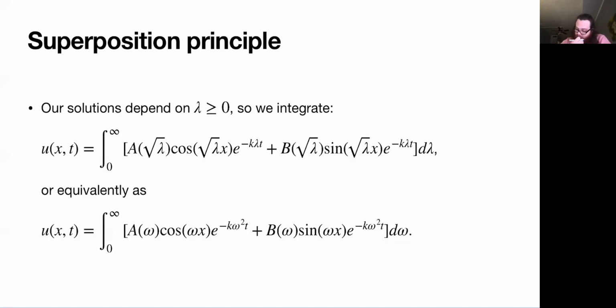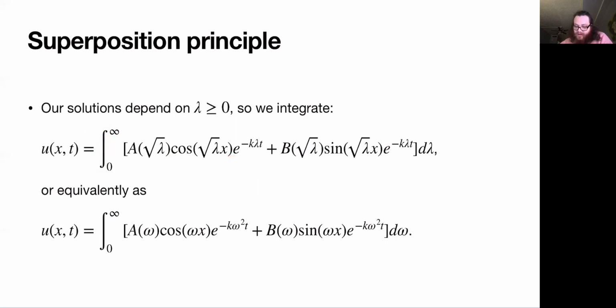So let's see what this looks like. As I mentioned, our solutions now depend on this continuous parameter, lambda. So in place of a summation, we have this integral from 0 to infinity, where we have this cosine term times our time piece.